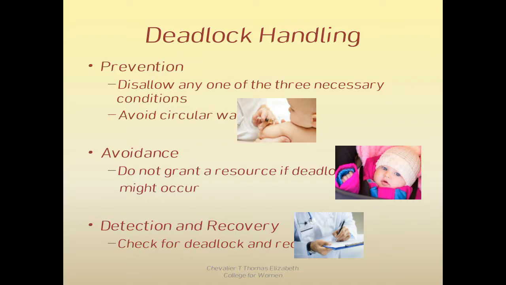So we can follow this strategy by disallowing any one of the 4 conditions to exist. By making sure that the 4 conditions do not become true at the same time, we can prevent deadlock. But this kind of measure is very ineffective because it leads to inefficient use of the resources.